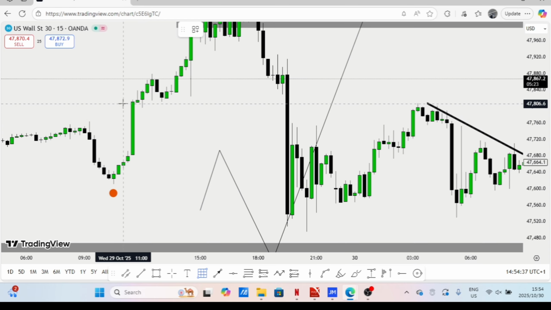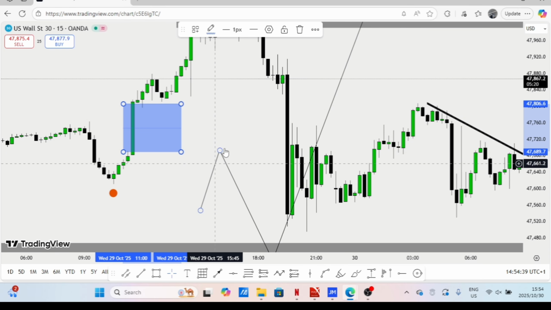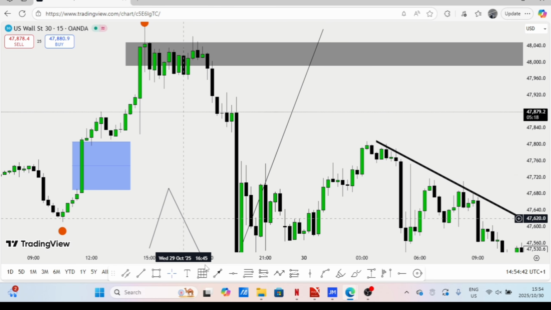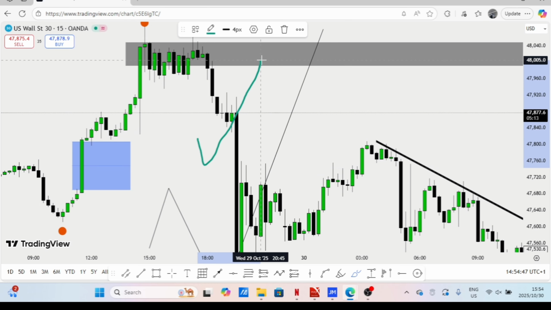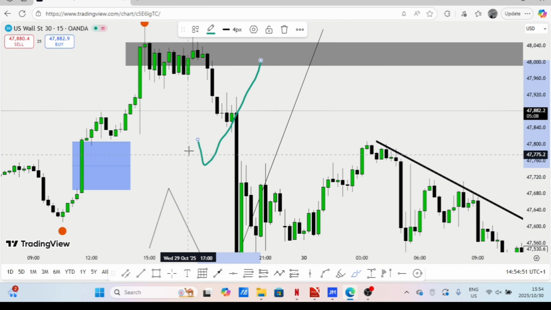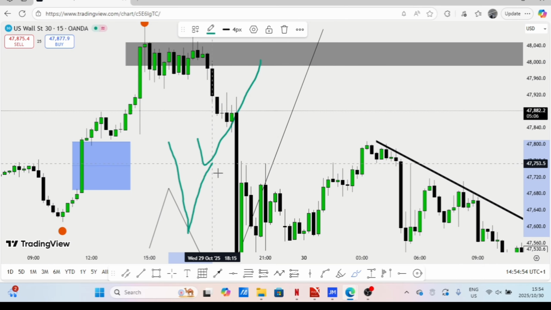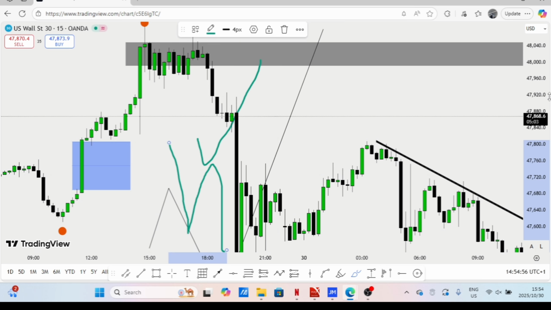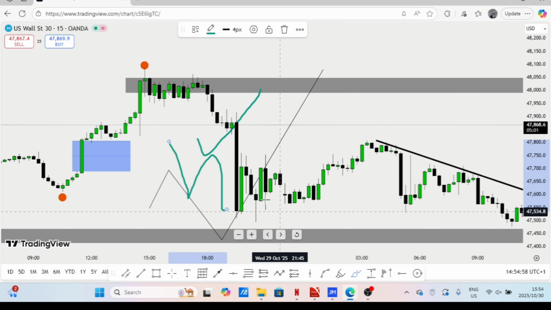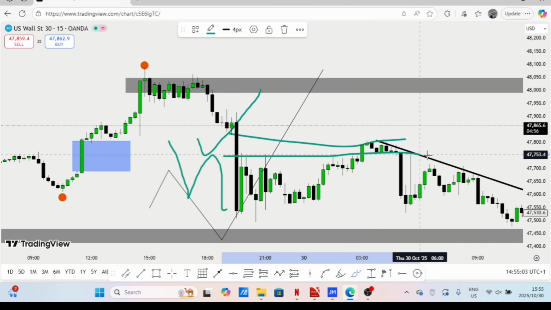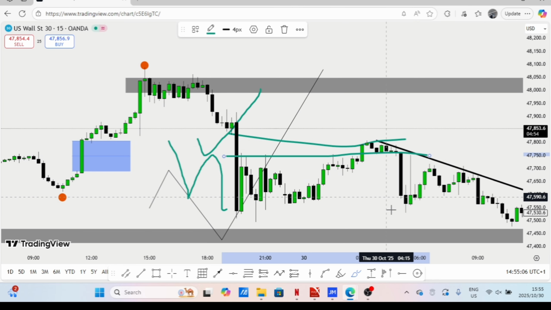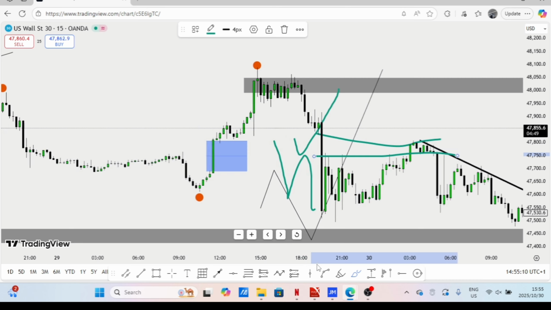As you can see here, we have a gap right over here, and then some people may expect the market to reverse like this, and some people may expect the market to break this low, come back, and then continue selling. But as you can see, we got neither of those things on this fair value gap. Same applies to this gap right over here. We sold a bit, but the trades are just not that accurate by themselves.